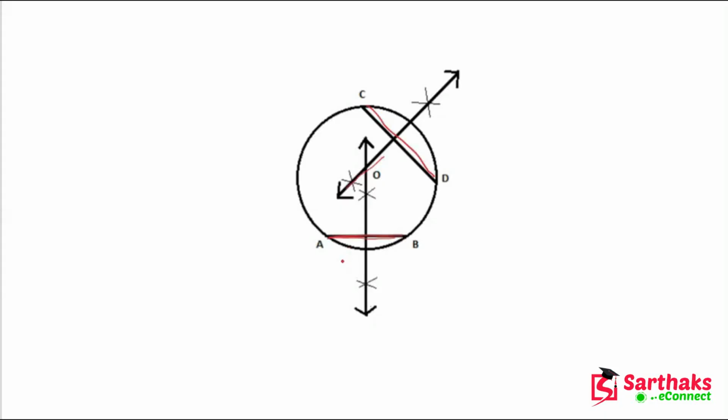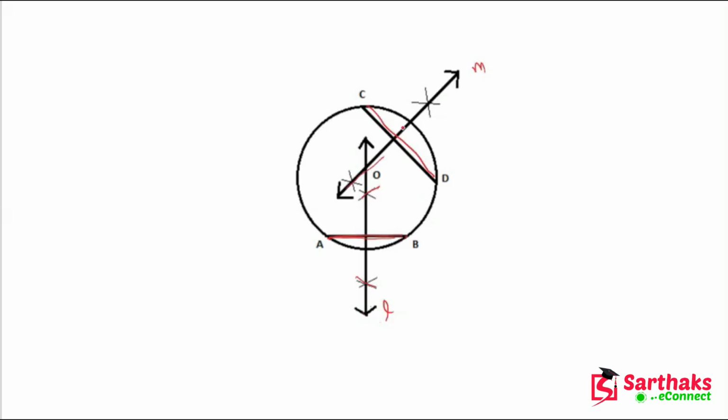You know how to draw it? From this point we cut an arc of more than half the length of the line on this side and this side, and the same from point B with the same radius, on this side and this side. It will give a line. Let's suppose this is L and this is M.